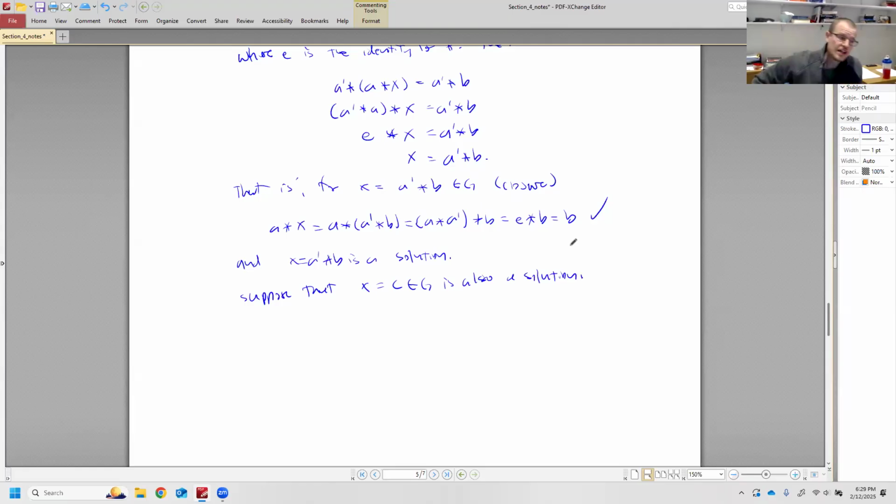Okay, so we've shown a solution exists. How do we show that it's unique? Suppose that this is also a solution.